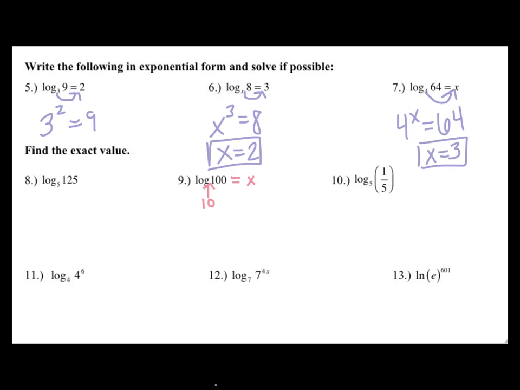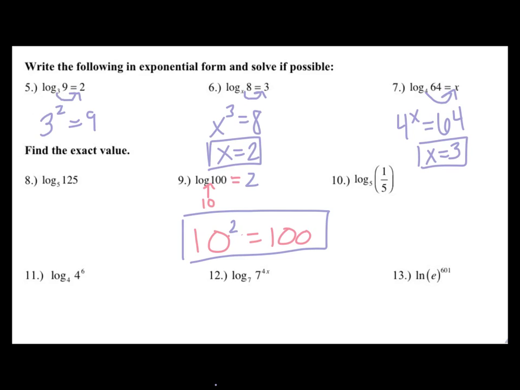So 10 to what power, or 10 to the x power, would equal 100? 10 to the second power. So I don't care if you write it as it just equals 2, or if you write the whole expression 10 to the second power equals 100. I'm just looking for that exponent though.